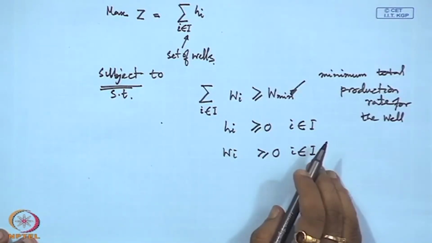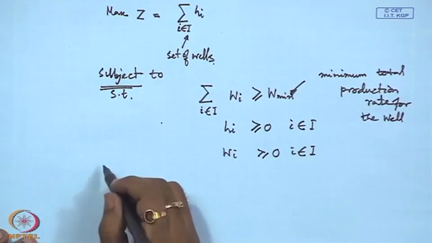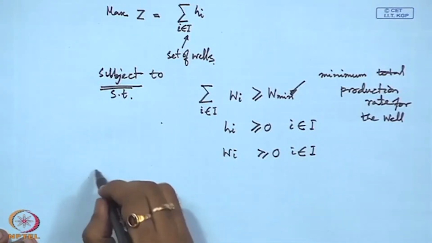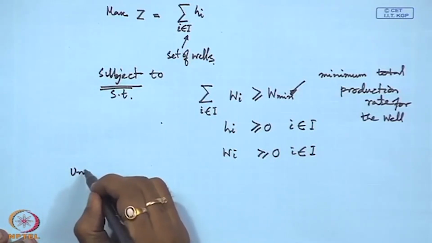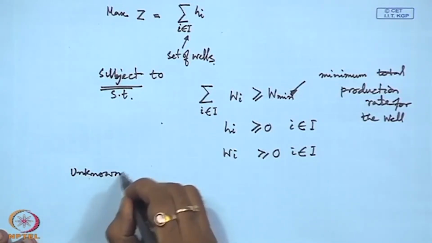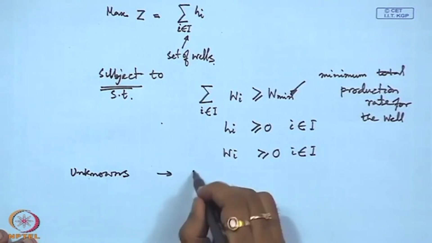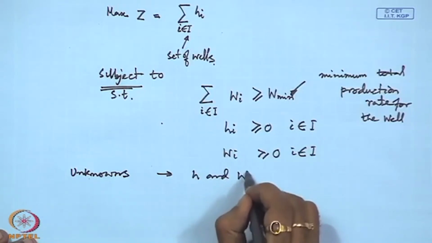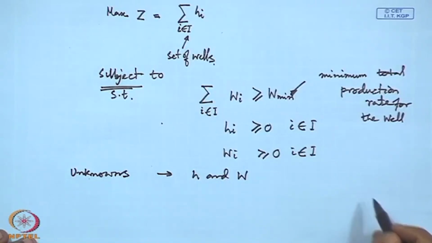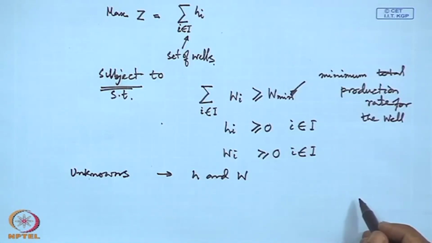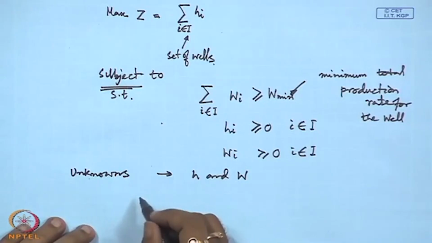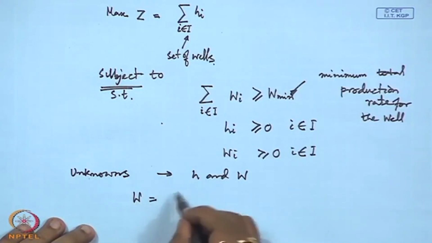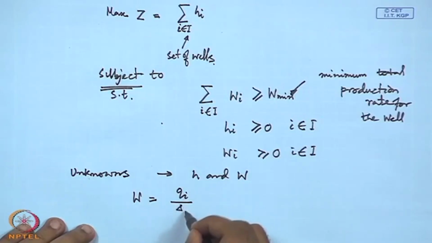So, unknowns for this problem are H and W. Once the model is solved, W can be determined as Q i divided by X i del x square.